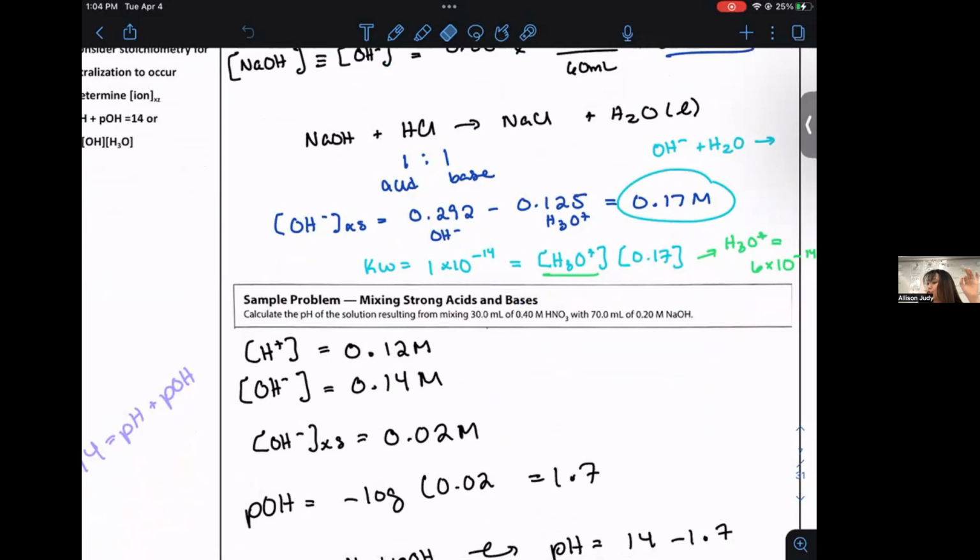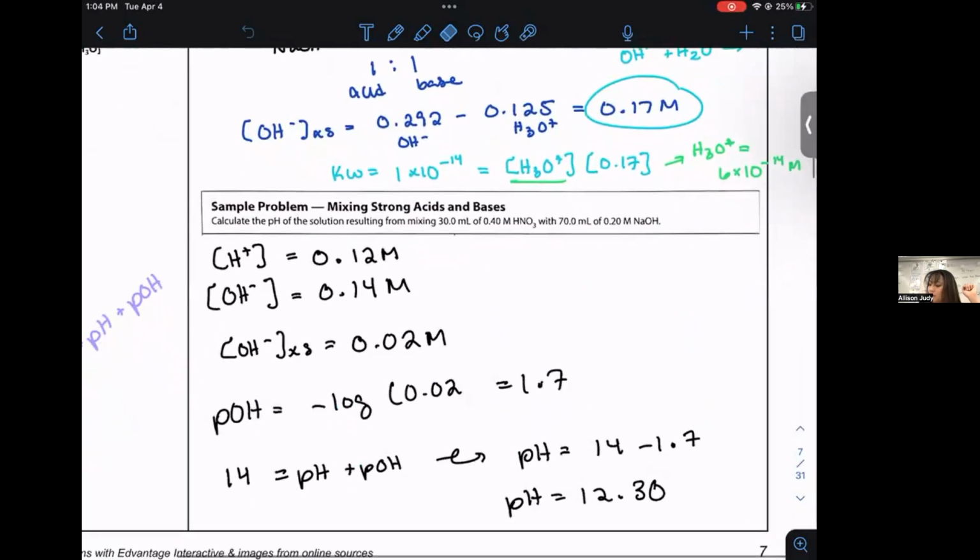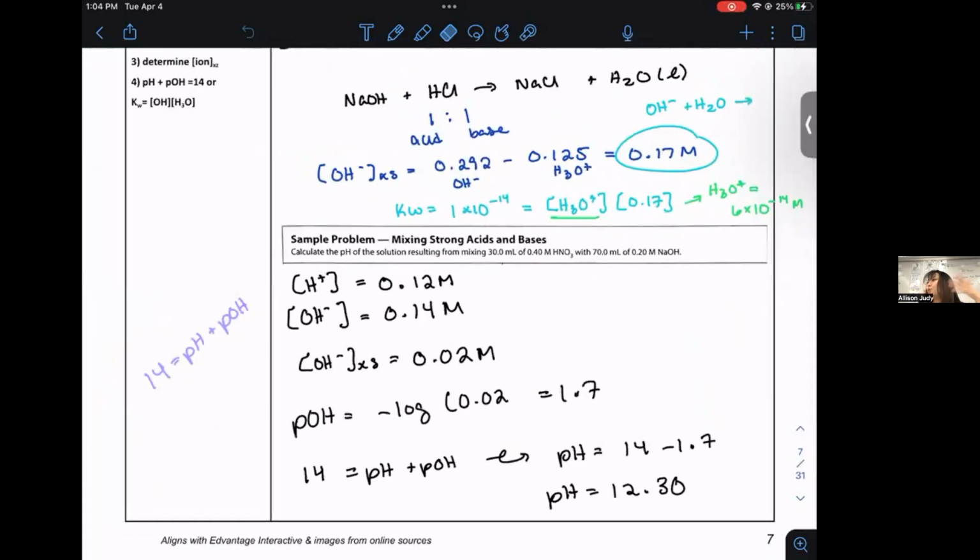And then you determine what's the excess. From there, based off the excess ion present, you determine the pOH or pH. You might have to work backwards from pOH to get to pH using the equation Kw equals concentration of acid times concentration of base, or 14 equals pH plus pOH. All right. So that's kind of what we did. And I showed you two problems that involved using both of those equations.